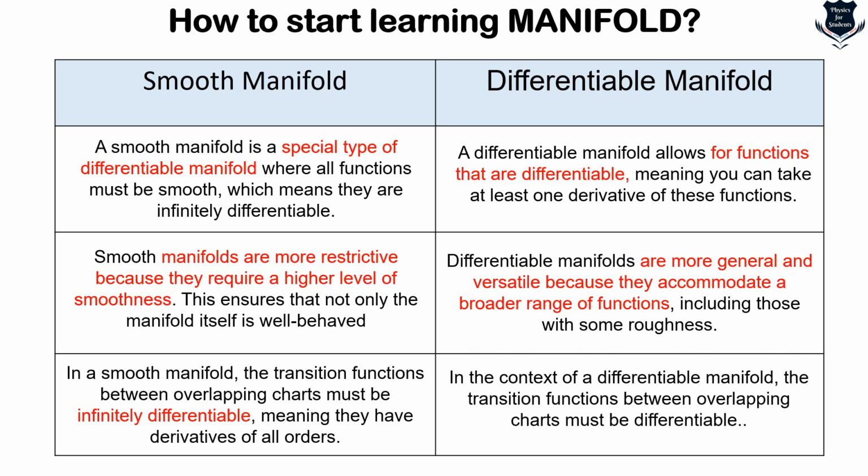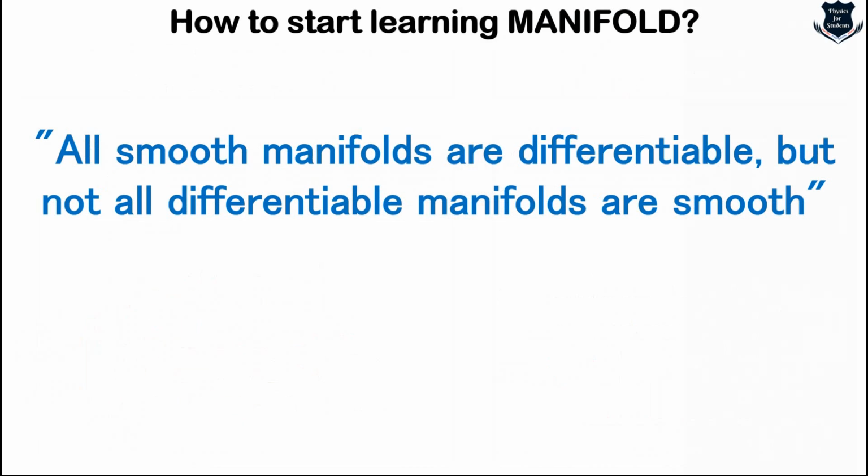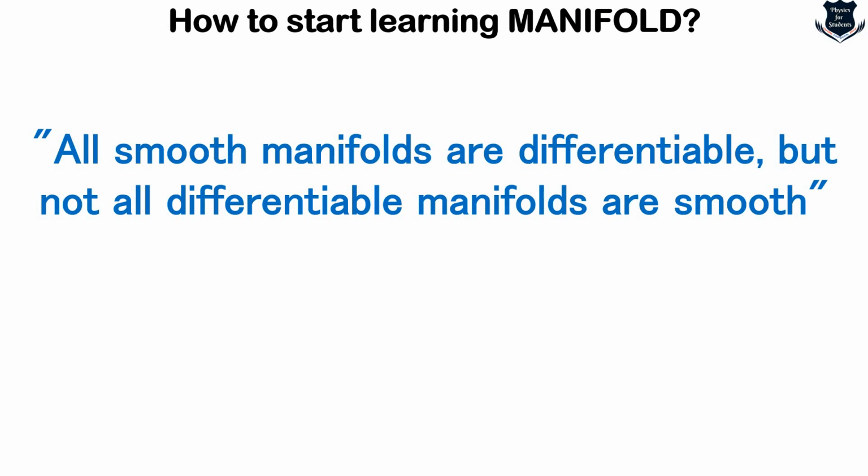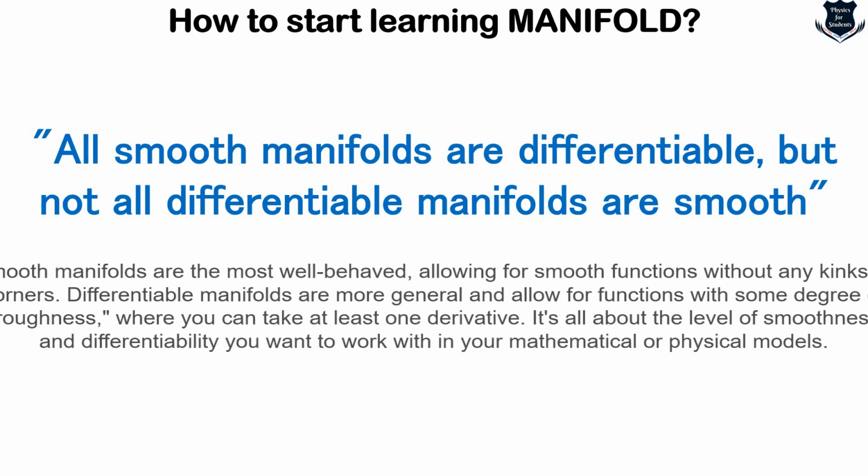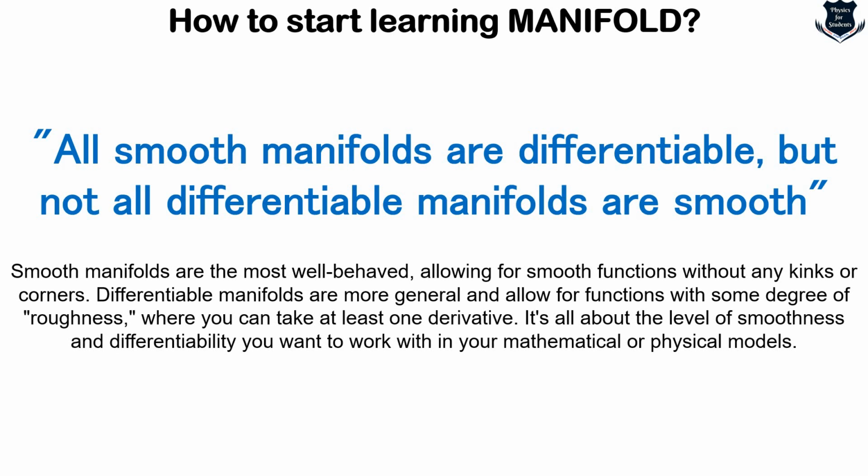In a smooth manifold, the transition functions between overlapping charts, this is technical, I will not speak about that, so when one chart overlaps another, must be infinitely differentiable. But in the case of a differential manifold, the transition functions between overlapping charts must only be differentiable. So this brings us to a nice conclusion that all smooth manifolds are differentiable, but not all differential manifolds are smooth.